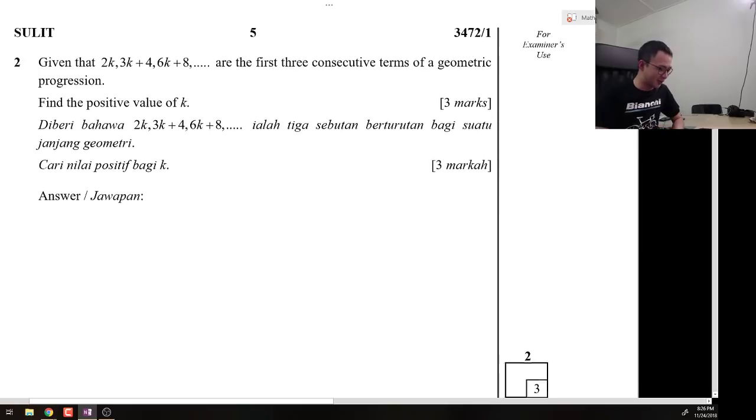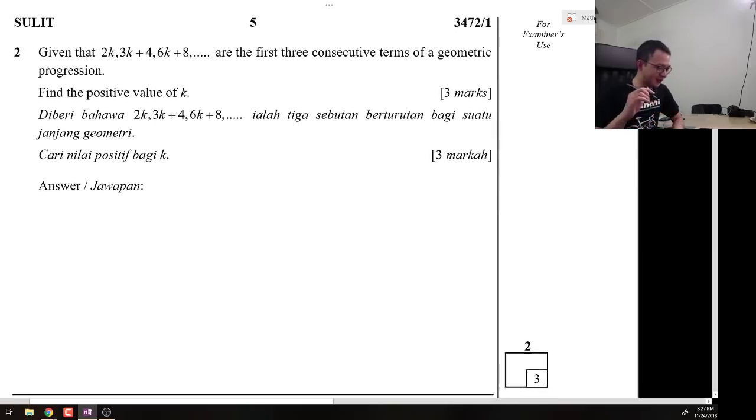Okay, so given that 2k, 3k plus 4, 6k plus 8 are the first consecutive terms of a geometric progression, when you see 3 terms and you want to solve it, there's basically only one thing you can do, which is doing the ratio. So the ratio tells you what?